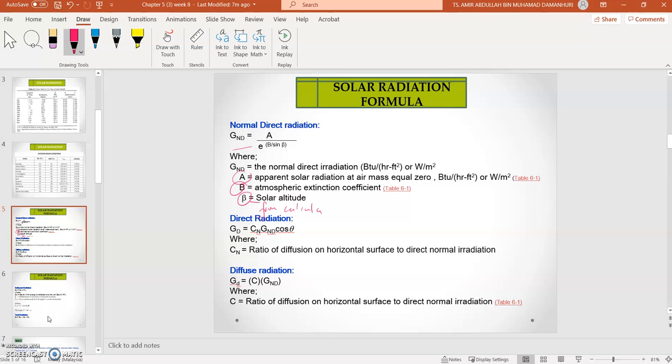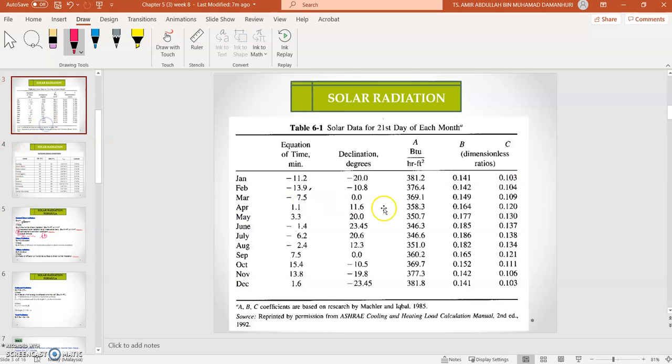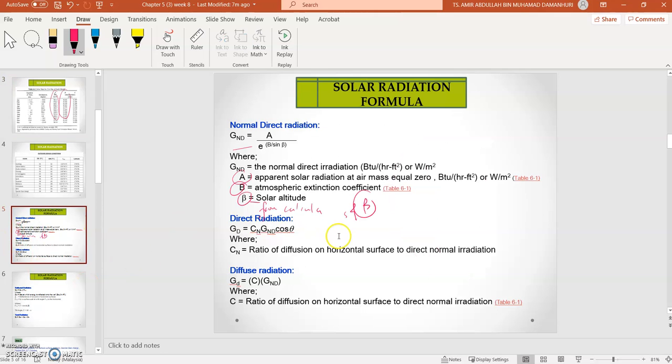Do you remember the sine beta? So the beta will be from the calculation. For A and B, it is from the table here. This is the value of A and this is the value of B, where A is the apparent solar radiation at AMS equals 0, and B is the atmospheric extinction coefficient.